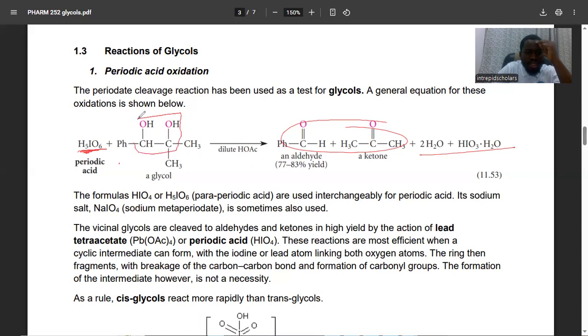This is the functional unit: the C-O bond here and the C-O bond here. These are the two most important units, and so the reaction will occur within these functional units. First of all, there will be cleavage between these two important units.